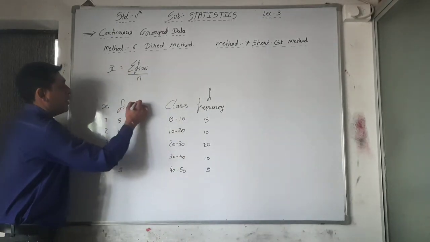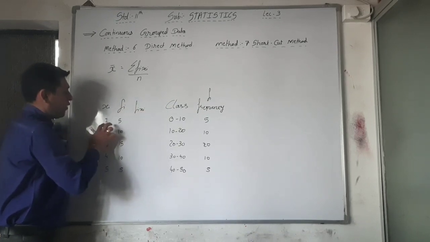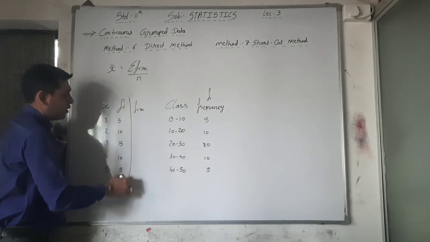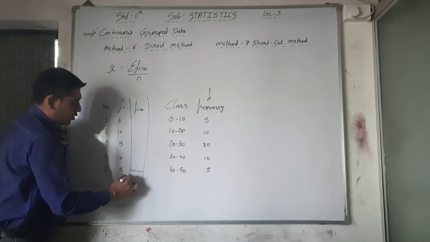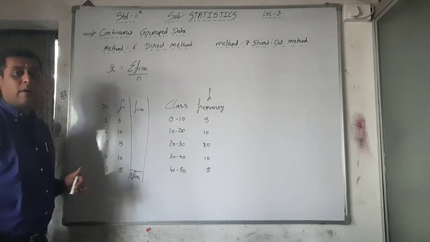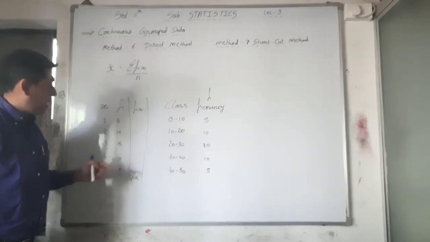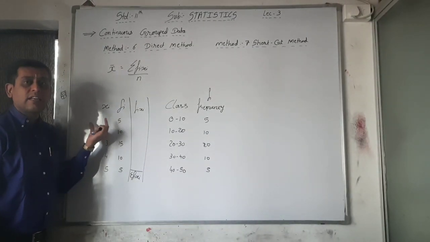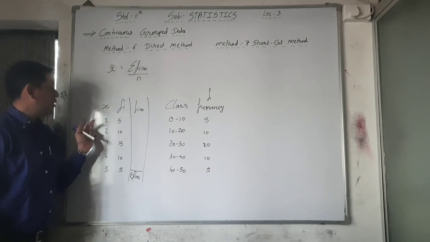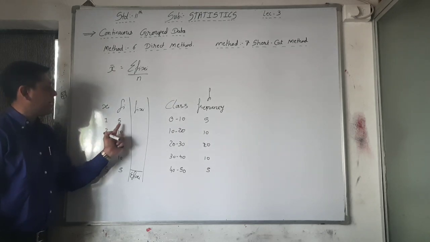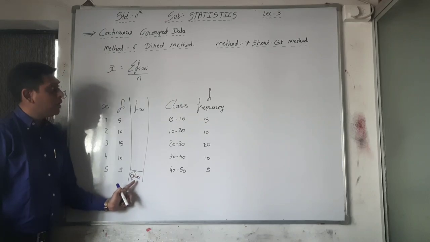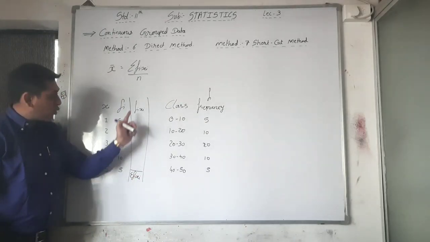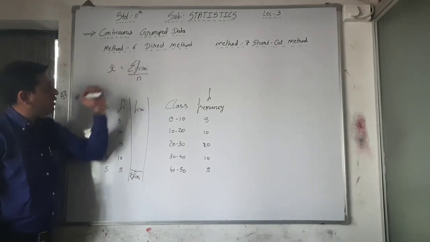In this we are multiplying fi directly with xi, and we get this one, and the total of these we can write here as sigma fi xi. Whenever discrete group data is given, you just multiply xi with fi and you get the answer, and the total of this you can write here.